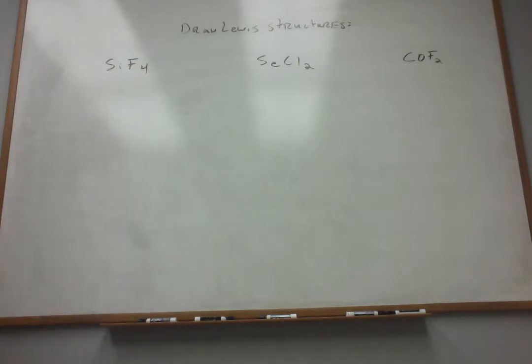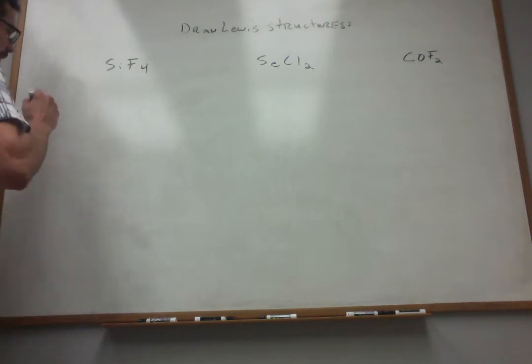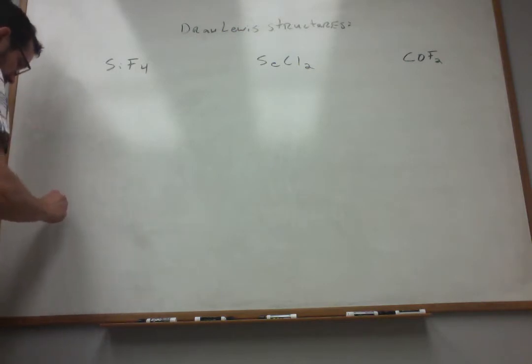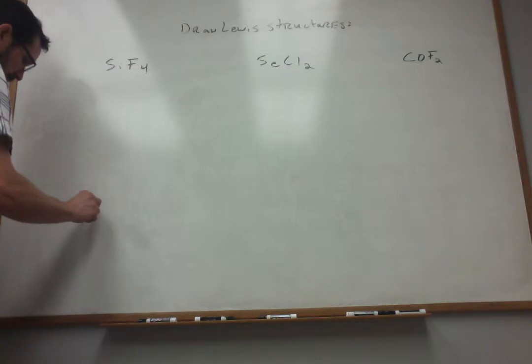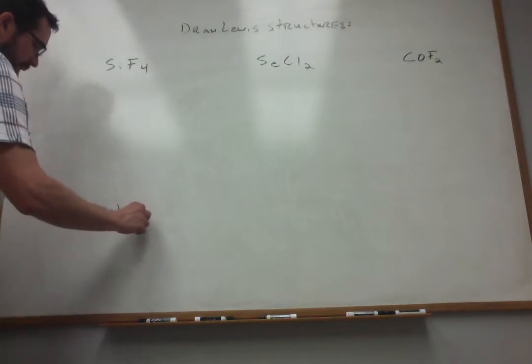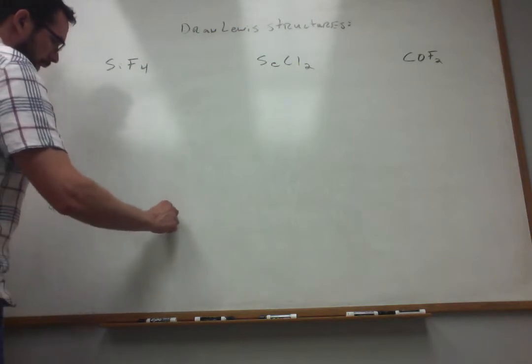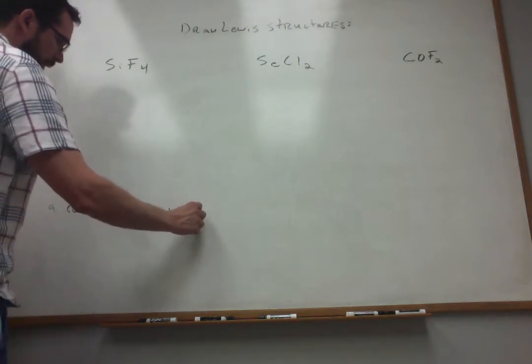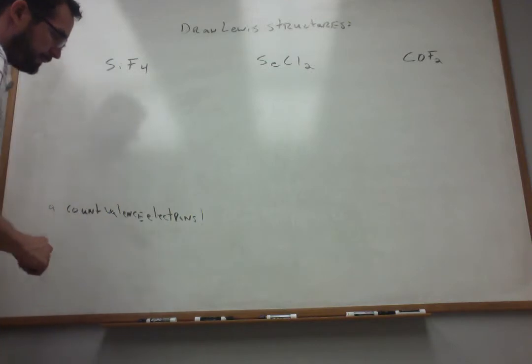Now the first step in coming up with a Lewis dot structure is always the same, okay? It's count valence electrons. The valence electrons are our ingredients for our chemical bonds, okay?